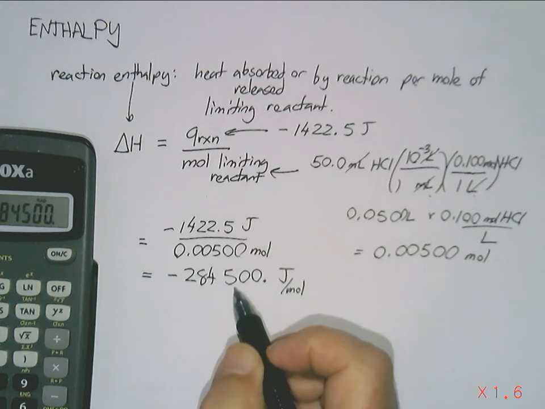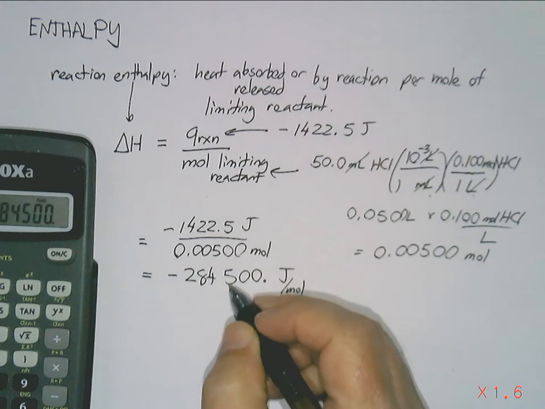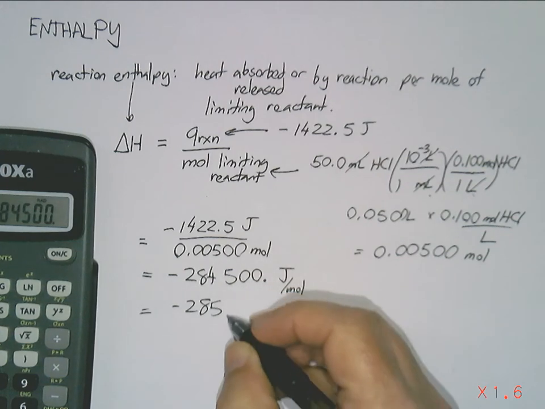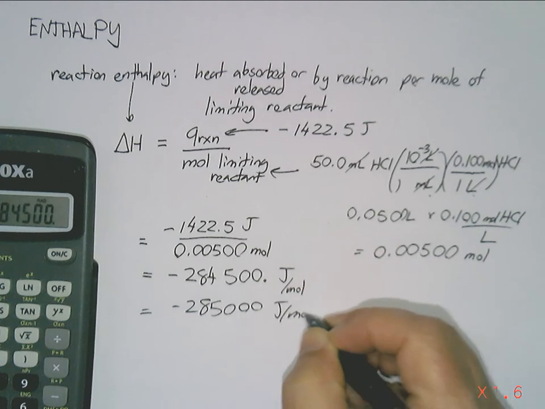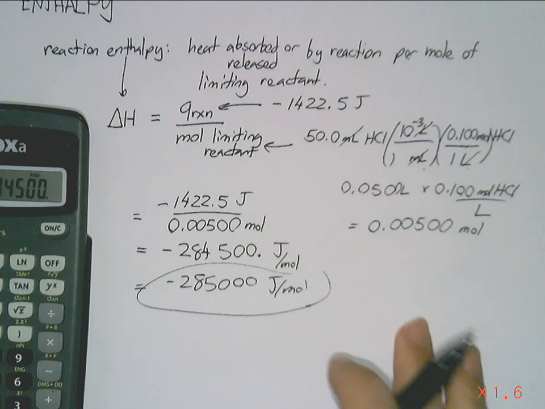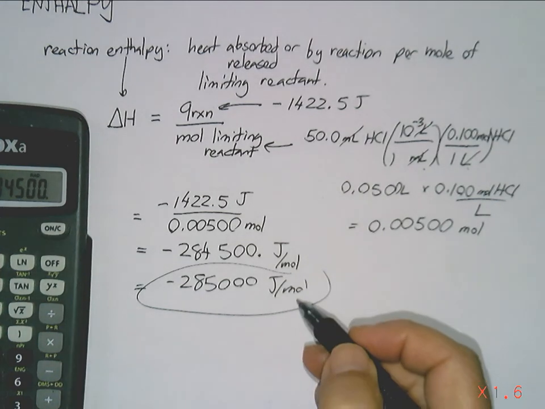All right, how many significant digits? Well, this has 3, so this is only going to have 3. So really I need to round that off. Now, that's a big number, so usually people don't write the reaction enthalpies in terms of joules per mole.